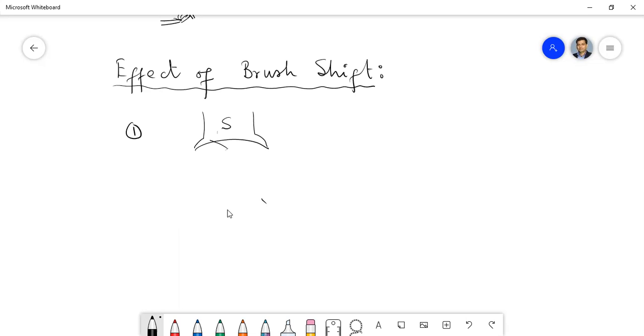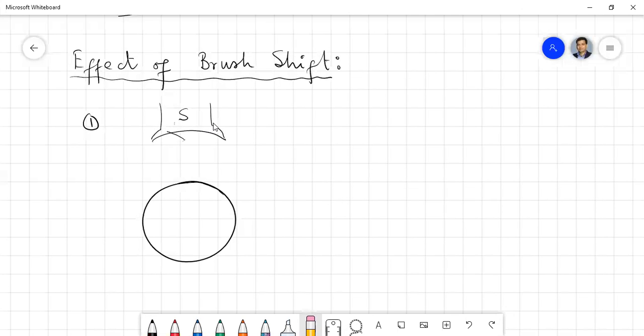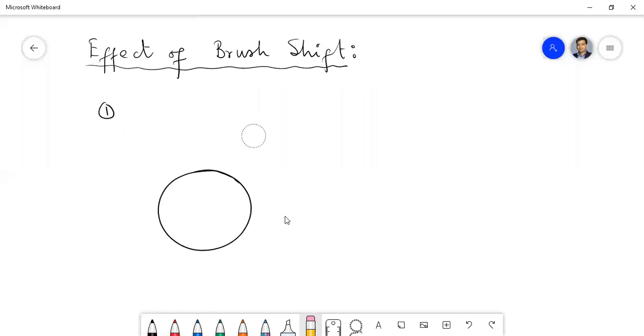Let me draw the circle first, then I will draw the poles. Suppose this is South Pole and this is North Pole.